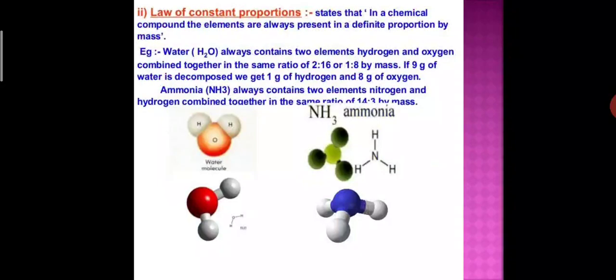So students, today we will discuss the next law, the law of constant proportion. Lavoisier, along with other scientists, noticed that many compounds are composed of two or more elements, and each such compound had the same elements in the same proportion, irrespective of where the compound came from or who prepared it.